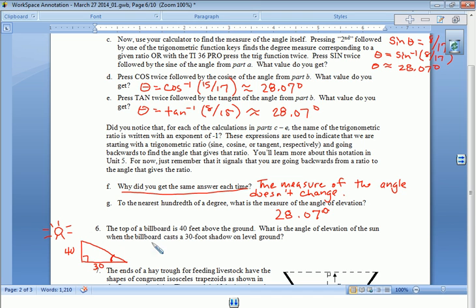Which trig ratio are we using? Sine, cosine, tangent? Tangent. Tangent of theta is equal to opposite over adjacent. So inverse tan of 4/3 is approximately equal to 53.13 degrees.